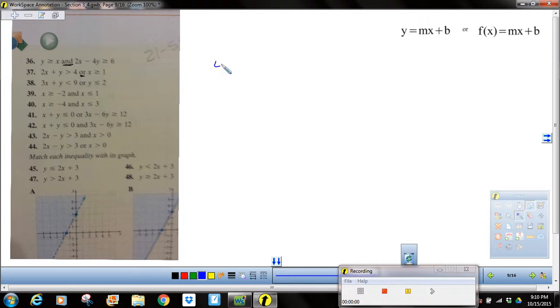Number 44. Another one that's not in slope-intercept form. And another one that doesn't have a y, so it can't be slope-intercept form. The slope is undefined. This one's vertical. I'm going to go ahead and solve this one for y.